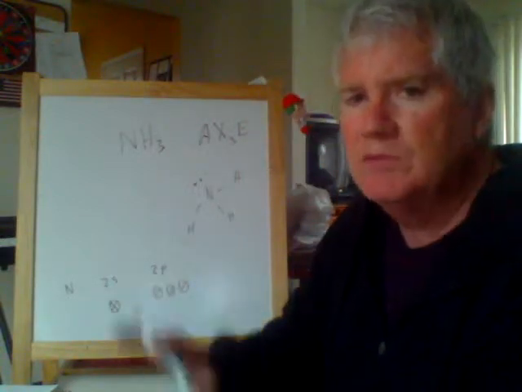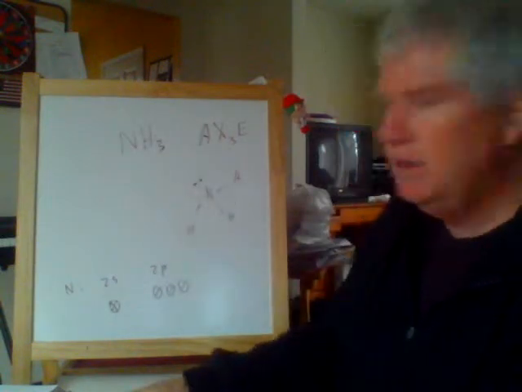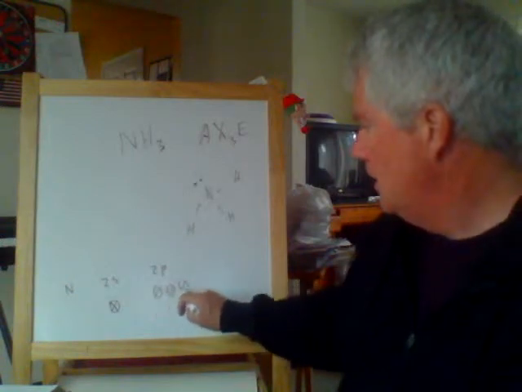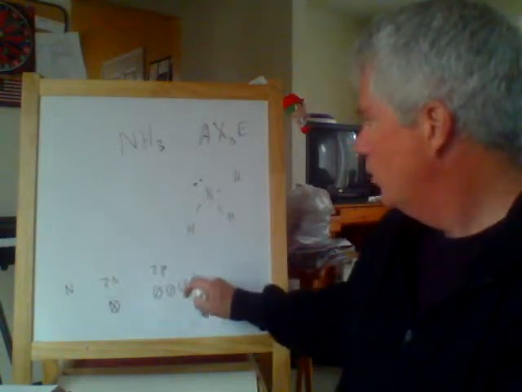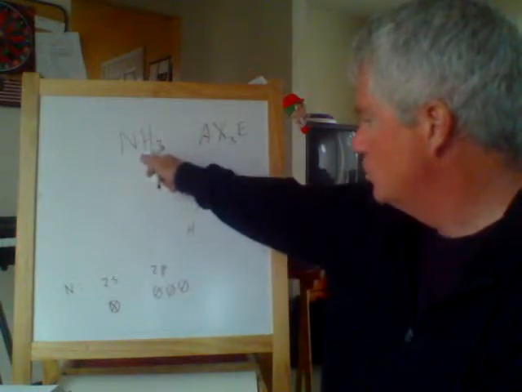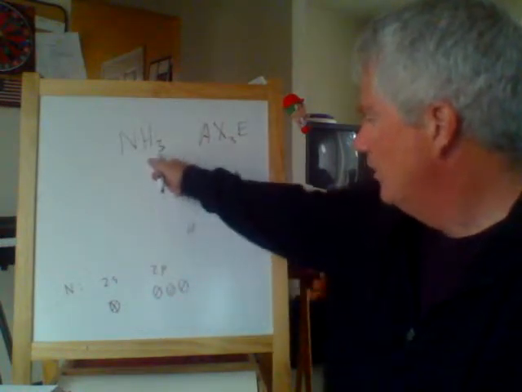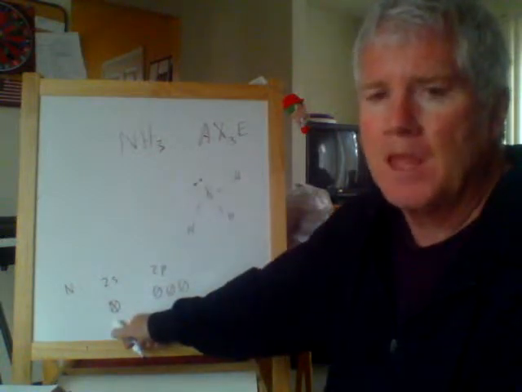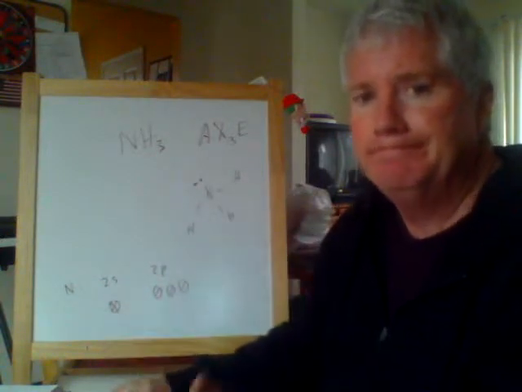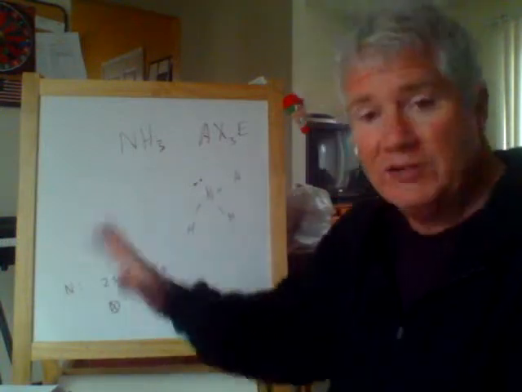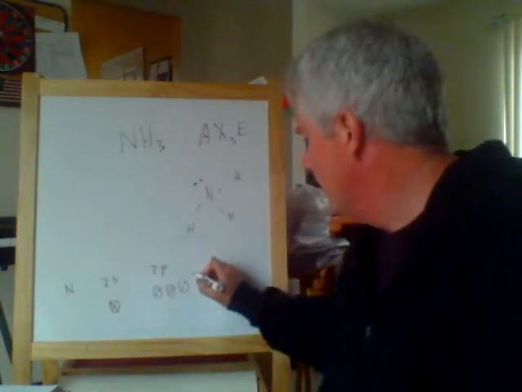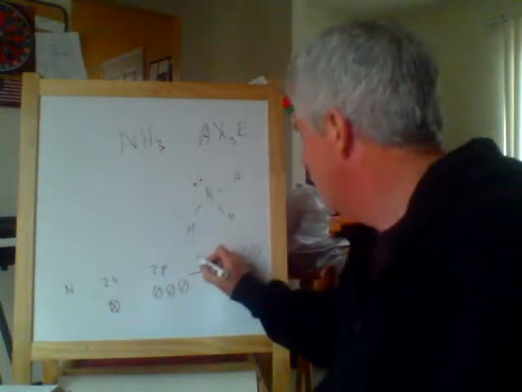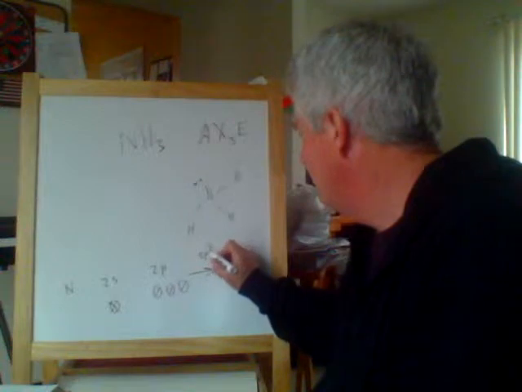Now, what happens to form ammonia? You'd think that the p orbitals could just be used with hydrogen, since they're all half filled, and then just leave this lone pair as an s. It doesn't work that way. What actually happens is that these orbitals hybridize to form the 4 sp3s.